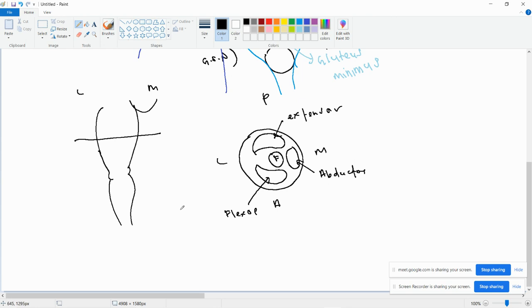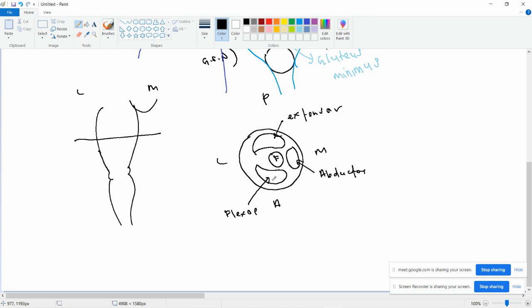Within your thigh, your muscles are basically arranged by compartments. Your thigh is separated into compartments.